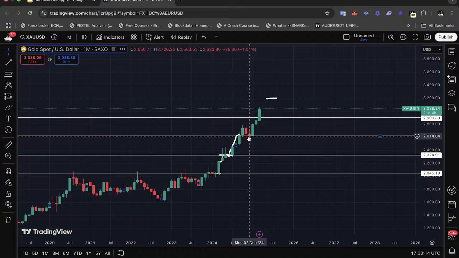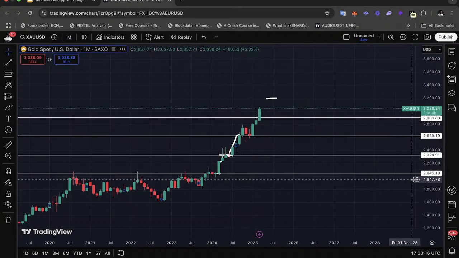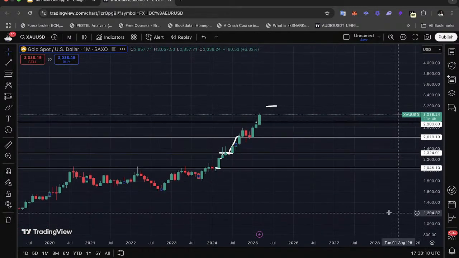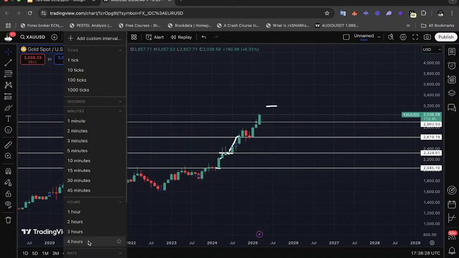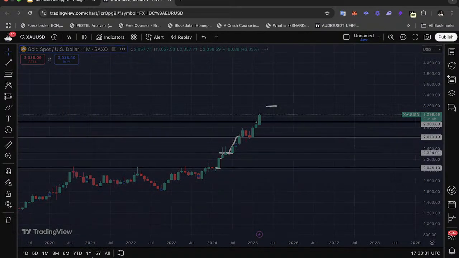So that makes it a very interesting chart to look at. Now, let's go down to the weekly time frame on gold.